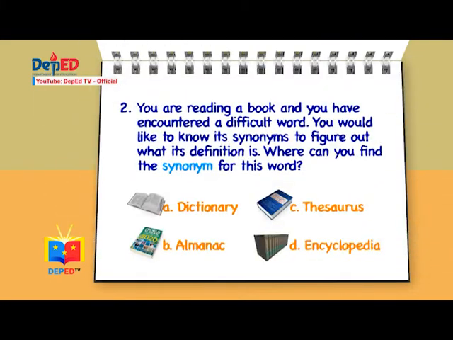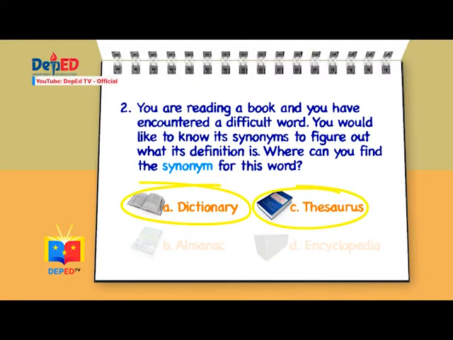Number 2. You are reading a book and you have encountered a difficult word. You would like to know its synonyms to figure out what its definition is. Where can you find the synonym for this word? Letter C, thesaurus. Number 3.